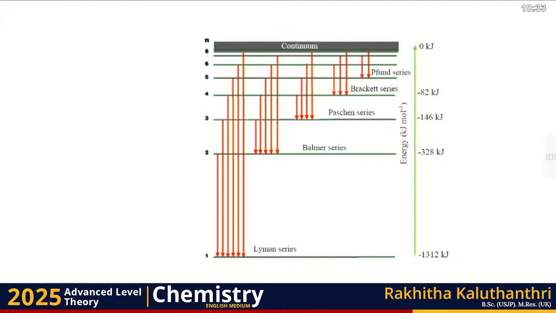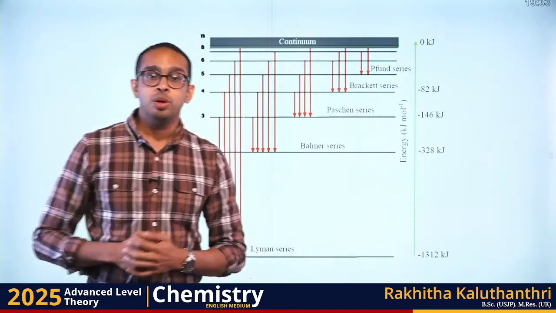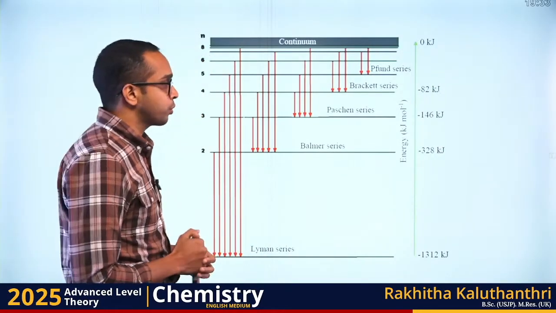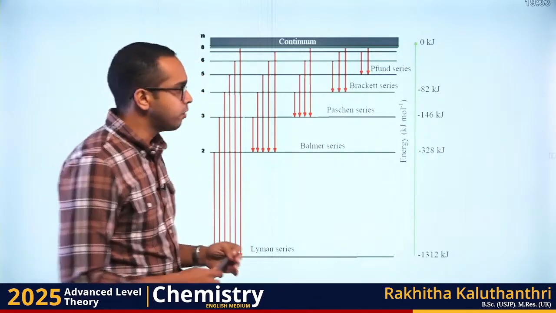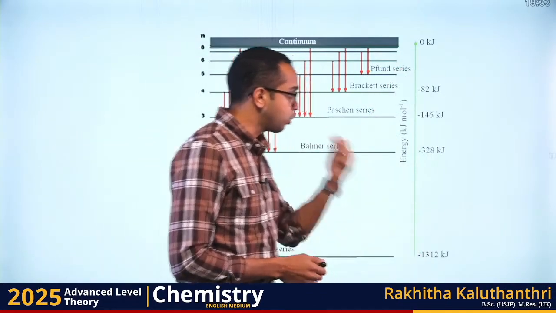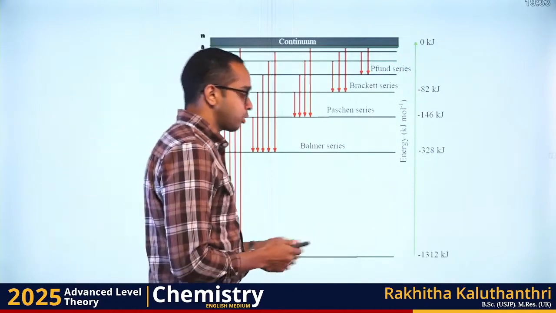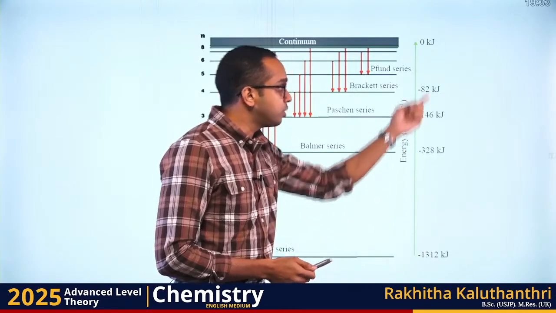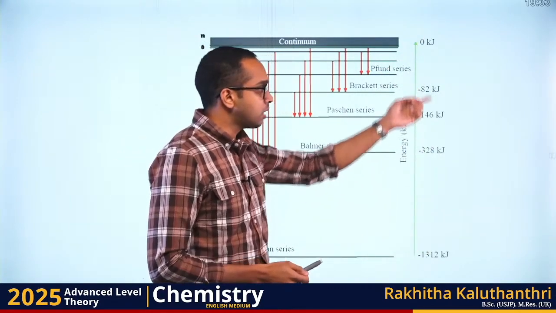Thank you. So now, students, this is the image that I directly took from your textbook. Now, in your textbook, you would notice that they give you this image and they give you these energy values in kilojoules per mole, right? And some students actually find it very difficult to understand, because these are all negative energy values, and the negative value decreases as you go up.